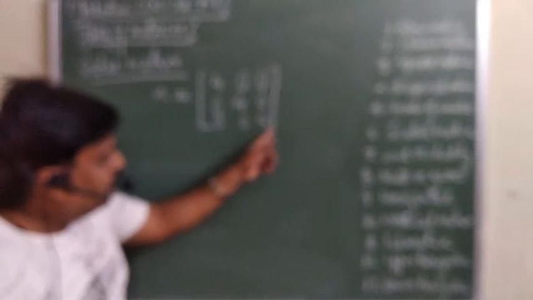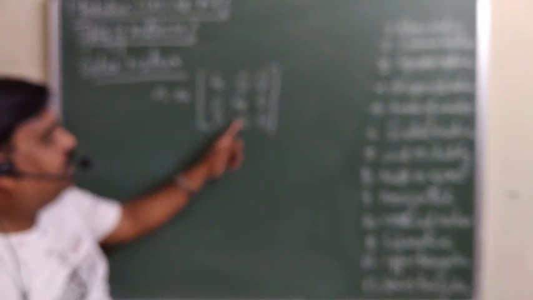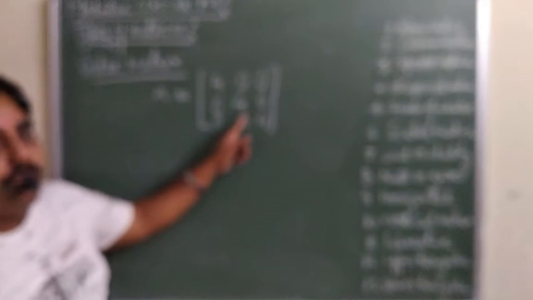This is a scalar matrix. Any square matrix will be a scalar matrix if its diagonal elements are the same, but the non-diagonal elements should be 0. So this is a square matrix, and that is a scalar matrix.